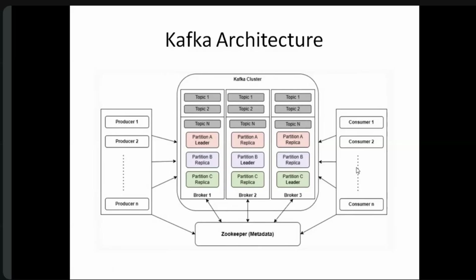If the producer is very fast and the consumer is very slow, Kafka will still work properly, and the same if the producer is slow and the consumer is fast. That is my first point: producers and consumers are decoupled.